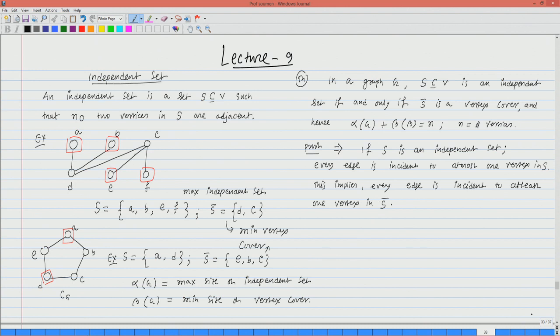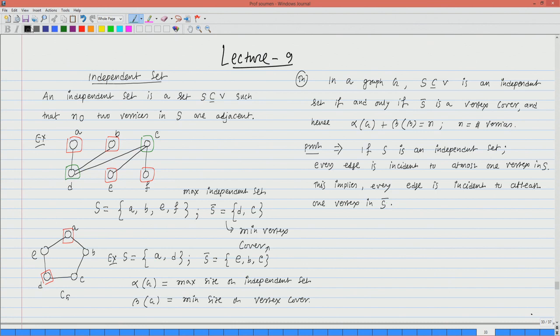So, you look at the edges here. Every edge is incident to, so this forms the vertex cover, C and D, this S complement is C and D. So, every edge is incident to at least one vertex in S complement. So, this vertex is incident to both C and D, which is the definition of vertex cover, because vertex cover says that it covers all the edges. So, every edge is incident to a vertex in S complement.